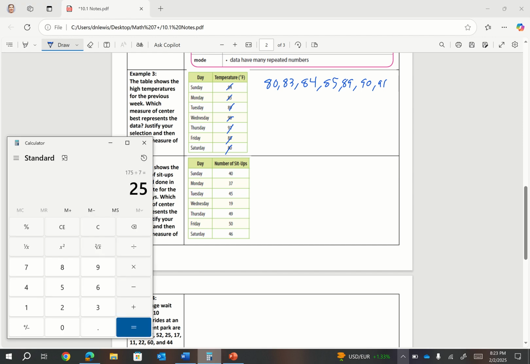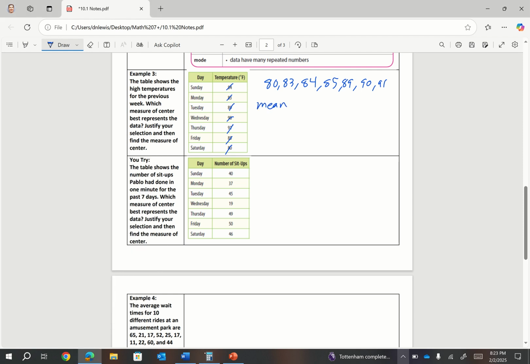Go ahead and find the mean first. So 602 divided by 7 for a mean of 86.